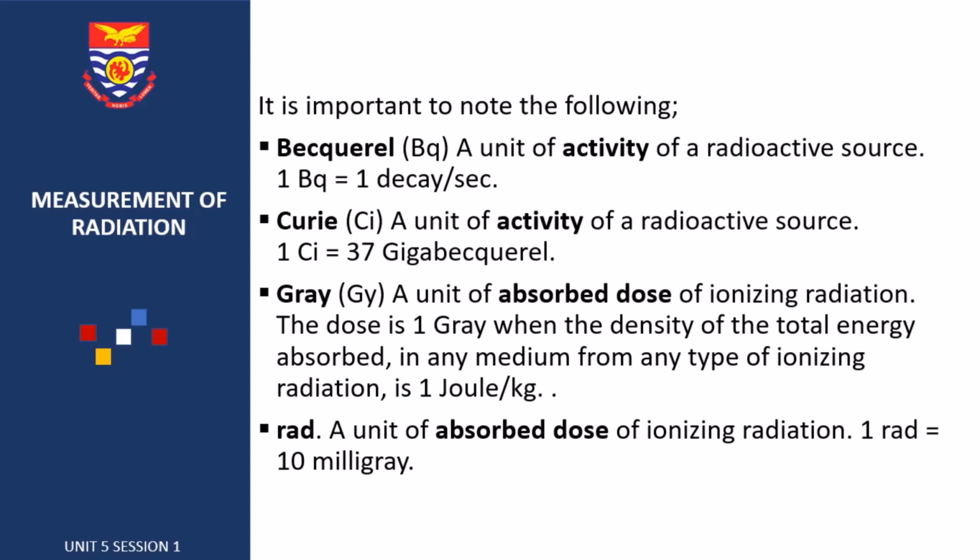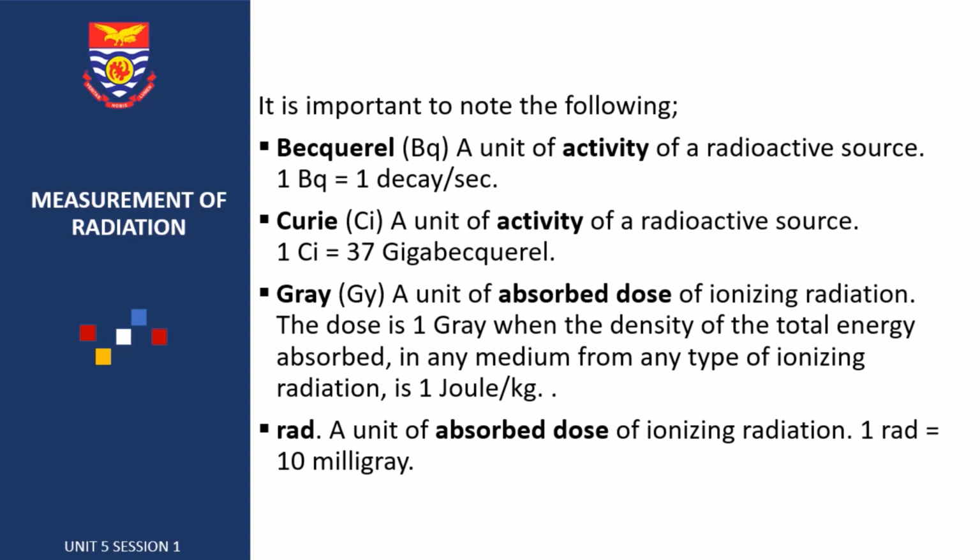Now, when the density of the total energy absorbed in any medium from any type of ionizing radiation is 1 joule per kilogram, we say that refers to 1 gray dose. So the dose of 1 gray is equivalent to 1 joule per kilogram.